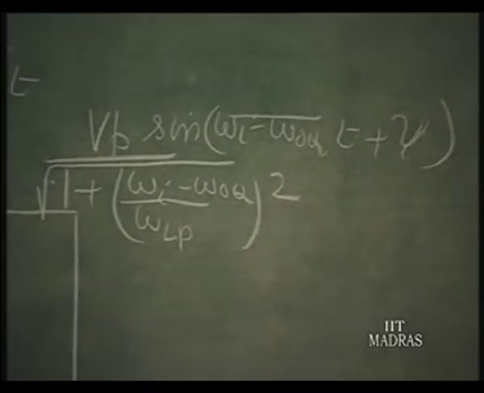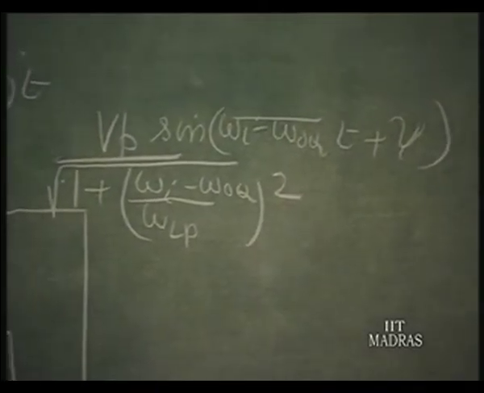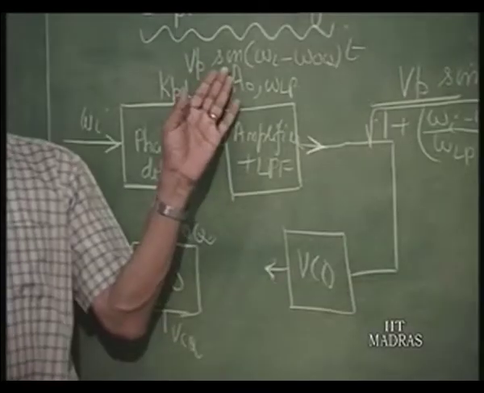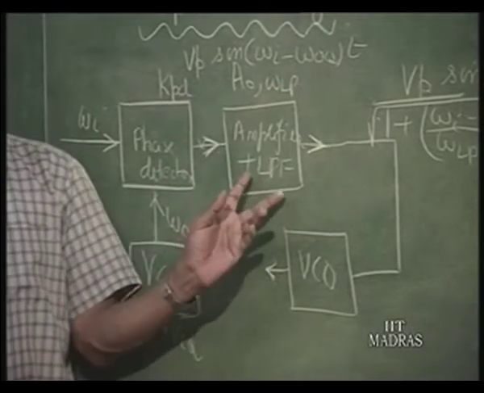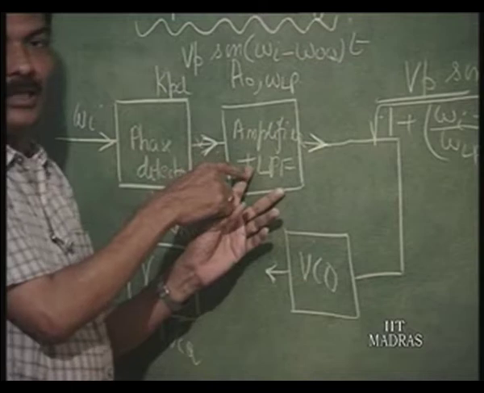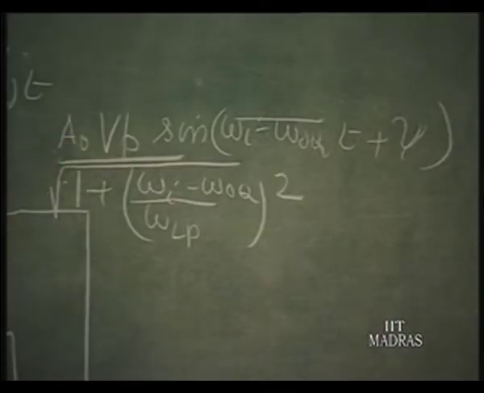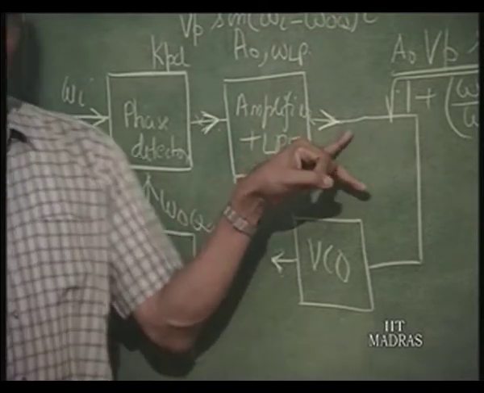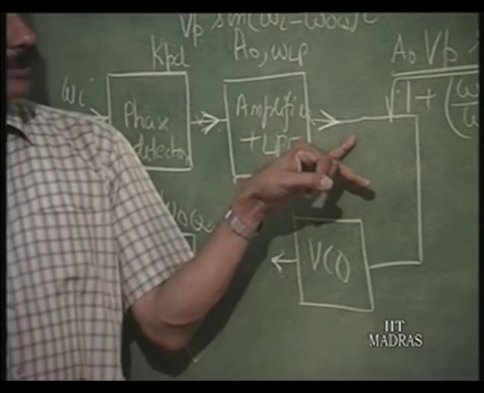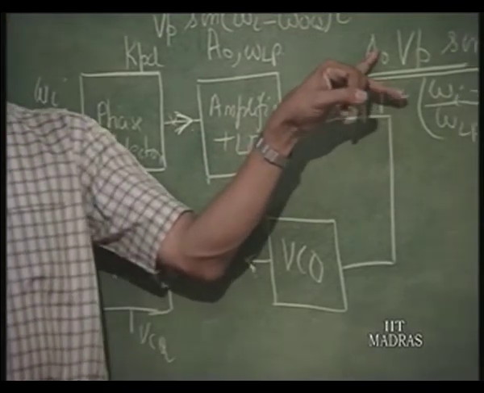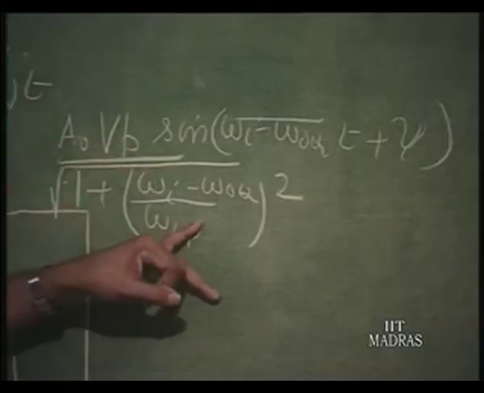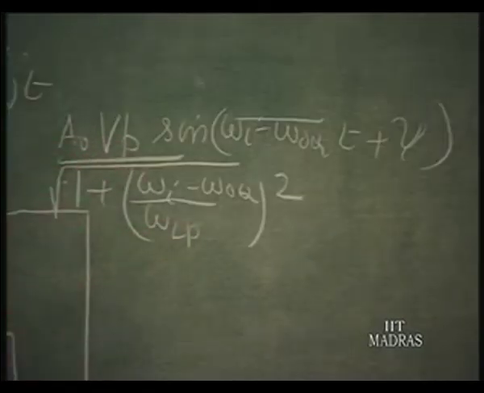We are not interested in that. So, this is the output if a sine wave input is given to a low pass filter with this kind of cutoff frequency, this into A naught, the amplifier gain. So, you can see that you get a sine wave here whose peak amplitude goes up to A naught into V p divided by this, superimposed over what? V naught q.